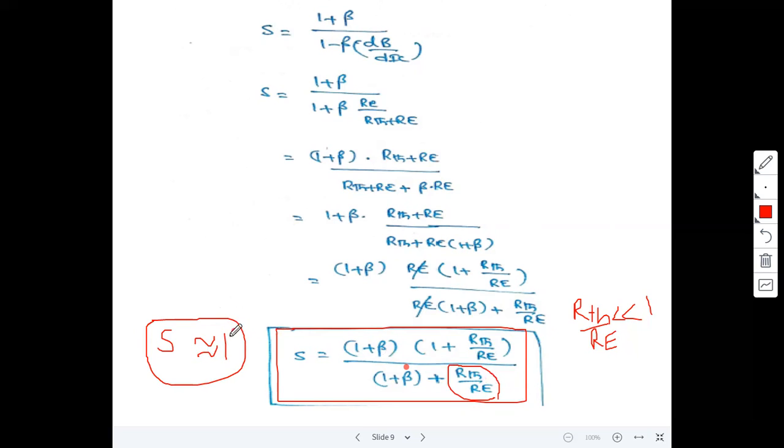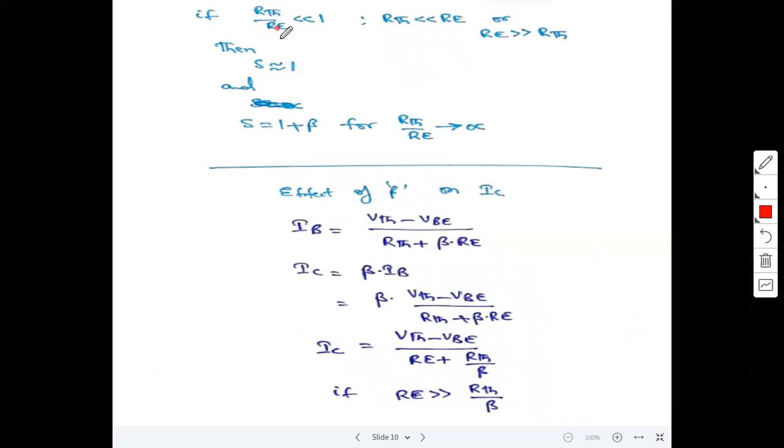This condition is satisfied only when R Thevenin is very much less than RE, or otherwise RE is very much greater than R Thevenin. This is the condition here. Verify: if R Thevenin by RE is very much less than 1, or RE is very much greater than R Thevenin, then only the stability factor is approximately 1.